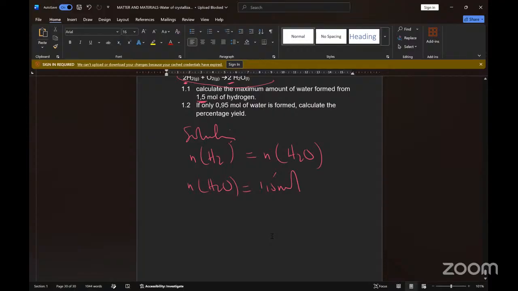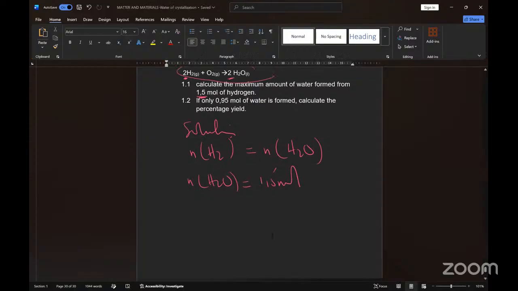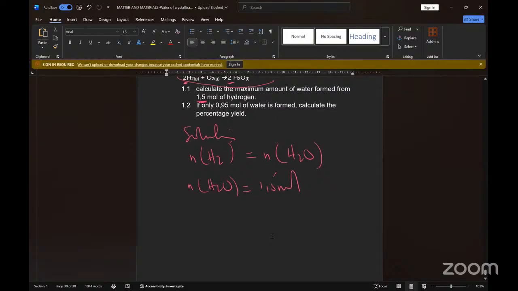Then we go to the last part, which says that if only 0.95 mole of water is formed, calculate the percentage yield. So this is the actual yield, okay, actual yield.